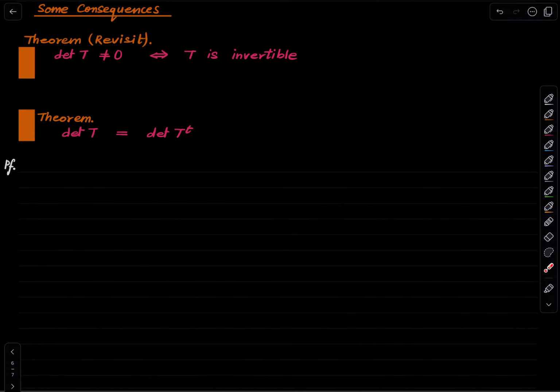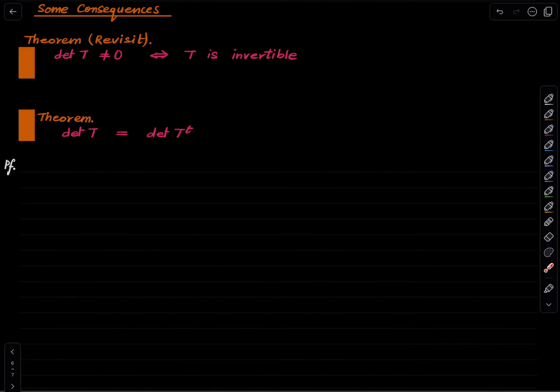Okay, lastly, let's prove one nice fact, that the determinant of an endomorphism is the same as the determinant of its transpose. This is not at all obvious, but this is true, and now we can prove it using our proposition.